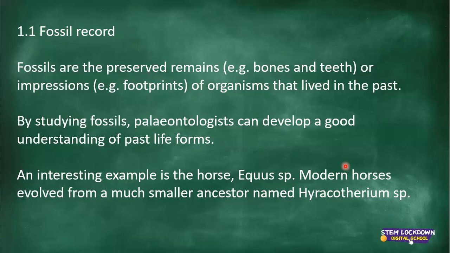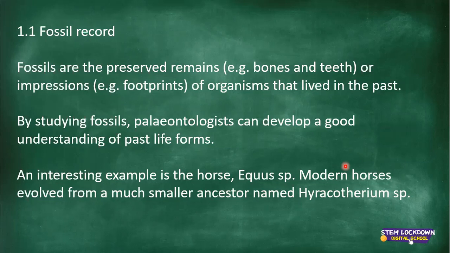By studying fossils, paleontologists can develop a good understanding of past life forms. So you'd be wanting to study and understand the past life forms, and then you can find similarities between the past life forms and the ones we have at the present day. An interesting example is the horse, which is Equus species.